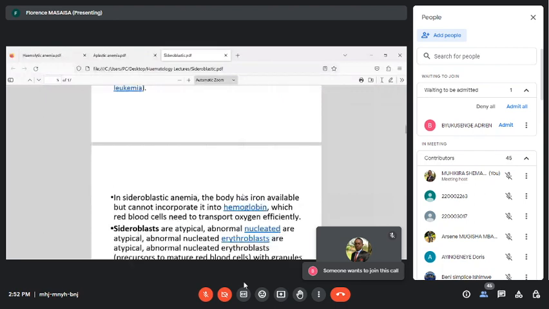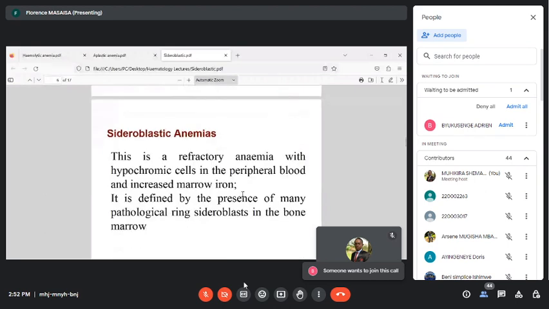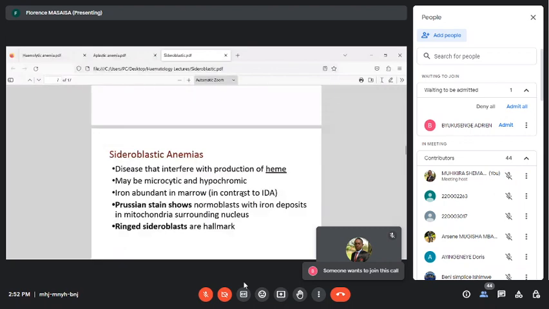Maybe I can show you the picture. So the ring sideroblast is the hallmark of the disease. As I told you, we use Prussian blue stain to see the iron component in the red cells in the bone marrow.